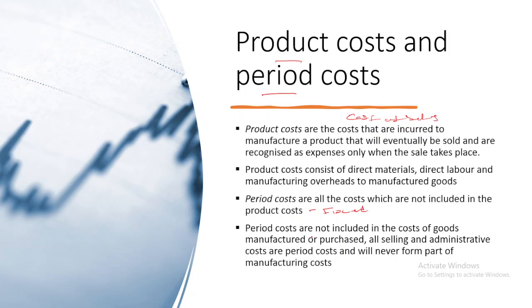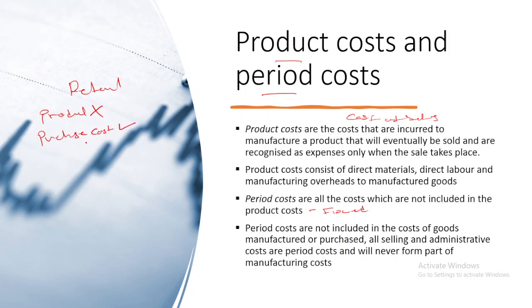So here it says that periodic costs are not included in the cost of goods sold or goods manufactured or purchased. All selling and administrative costs are periodic costs and will never form part of the manufacturing process. So if you're working with a retail, we're not going to have production cost. We don't have this. We're just going to have purchase cost.